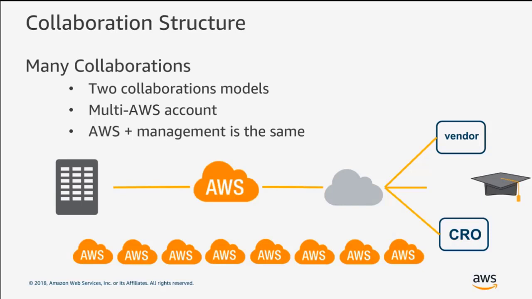And for the life sciences, there's a significant amount of data that's pulled in from things like contract research organizations, CROs, university collaborations, along with the vendor that is sometimes sponsoring a lot of the work. And being able to create these structures in AWS gives them a place to do all this work in a common area without having to merge and manage all the data that comes in and out of such a collaboration.